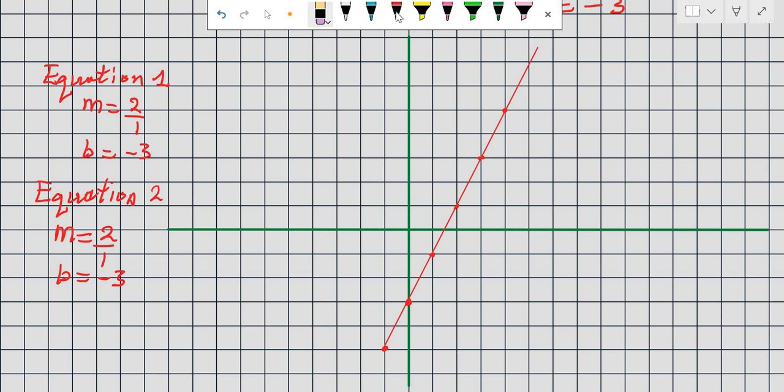So it means that in this question, we have infinitely many solutions. A question where the 2 lines are on the same line, the solution is always infinitely many solutions.